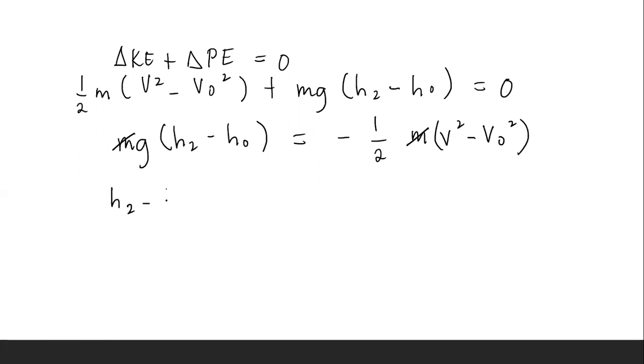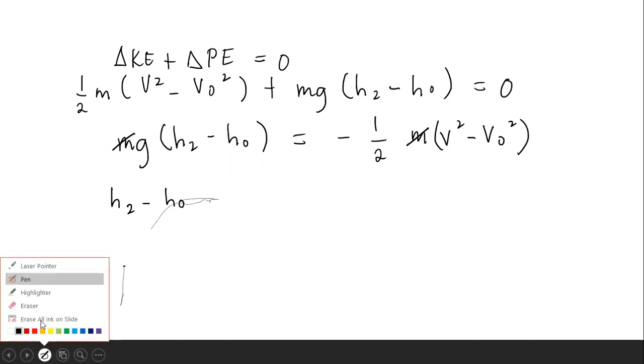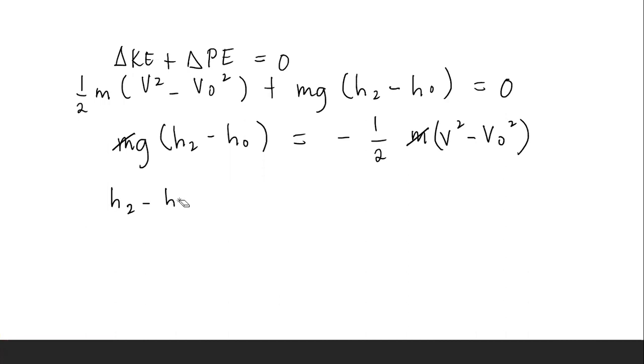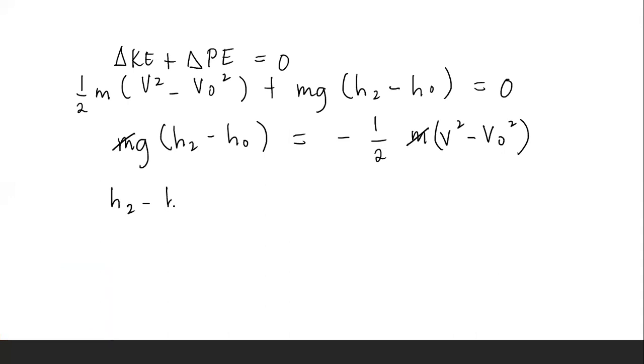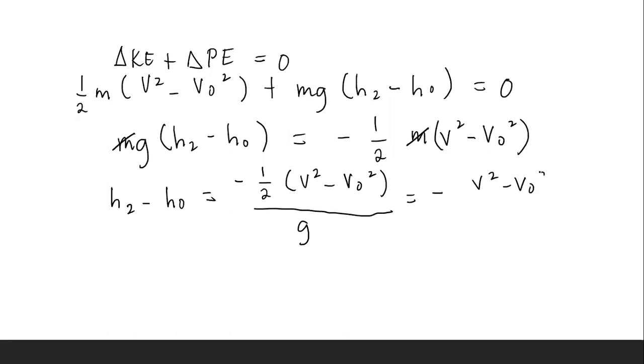Therefore, h2 minus h sub o is equal to negative 1/2 times v squared minus v sub o squared over gravity, which is negative v squared minus v sub o squared over 2g.